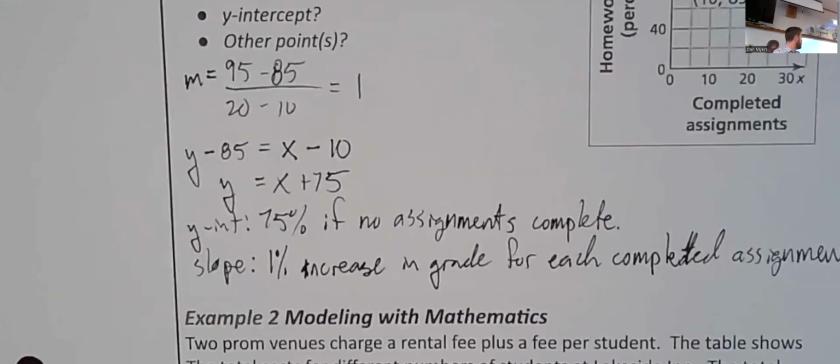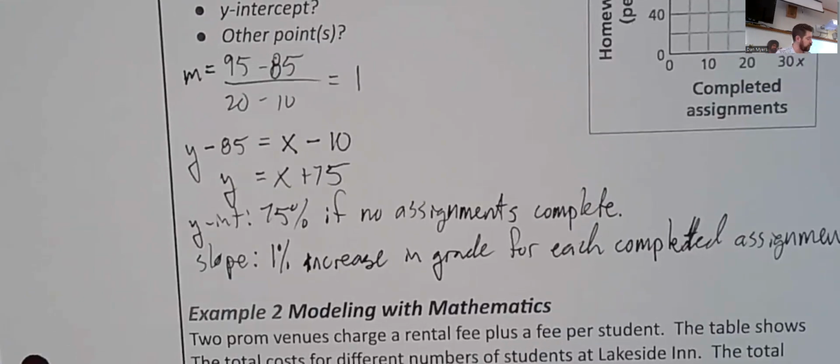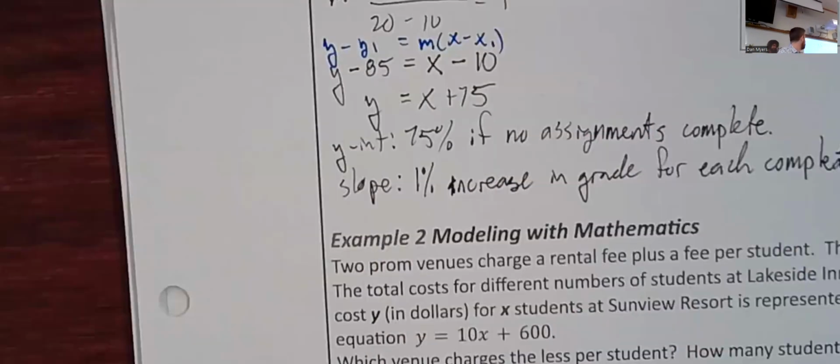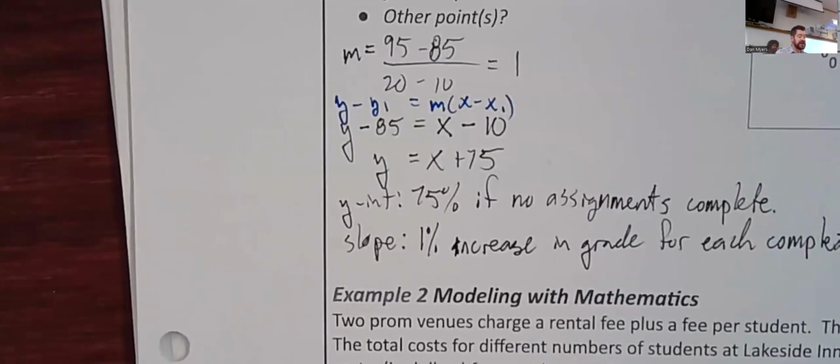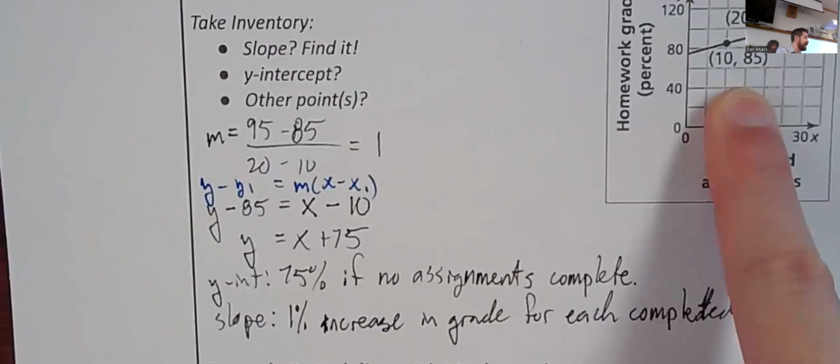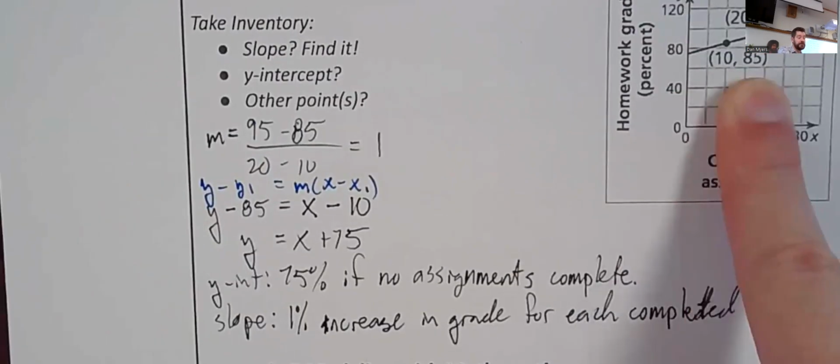So what you'll need to do is write your y minus y1. The point slope equation was y minus y1 equals m, and then parentheses x minus x1. So what I did is I used just the first x and y values and plugged into that. I took 10 and 85 as x1 and y1.